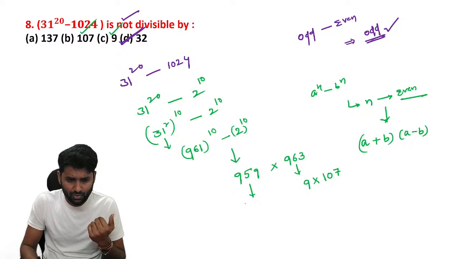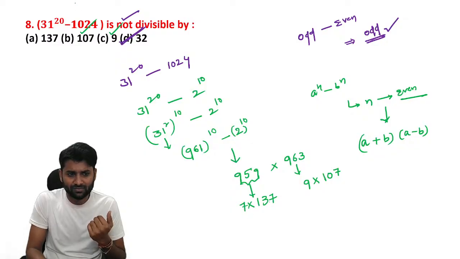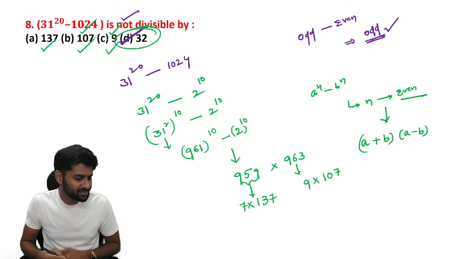So 959 is 7 into 137. Whatever this resultant is, it is always divisible by 137, 107 and 9 itself, but it is not divisible by 32.